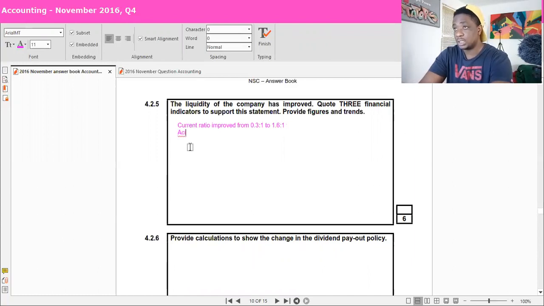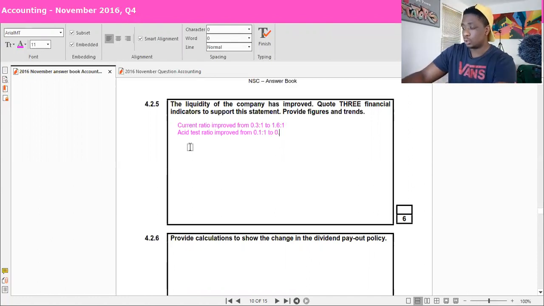And then secondly, acid test ratio improved from 0.1 is to 1 to 0.7 is to 1. And guys, when we're talking about the acid test ratio, we obviously calculated this in the previous video. So if you didn't see that, maybe go watch the video of how we calculated it, and then you'll be able to quote the ratios as well.